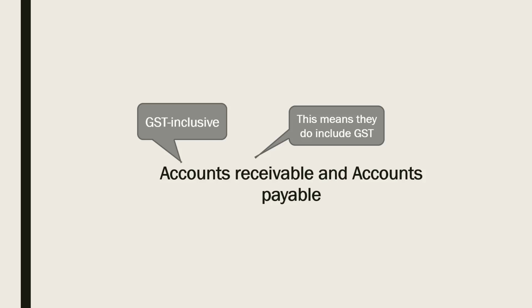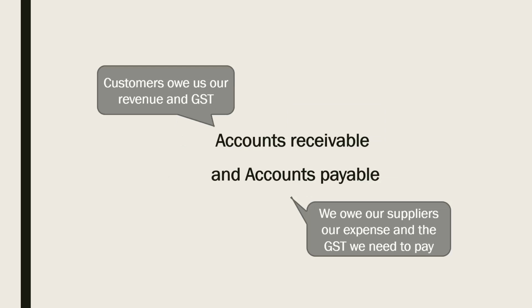This means that unlike most items in the balance sheet, accounts receivable and accounts payable do include GST. This is because our customers owe us the GST inclusive amount, not just the part that is our revenue. And we owe our suppliers the GST inclusive amount, not just that part that is our expense.